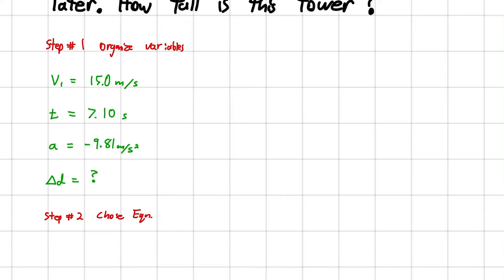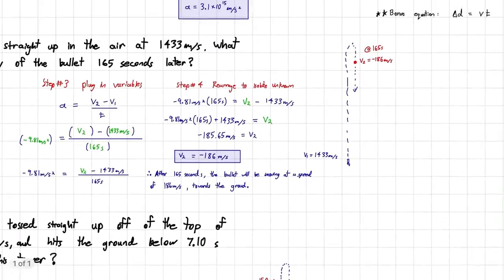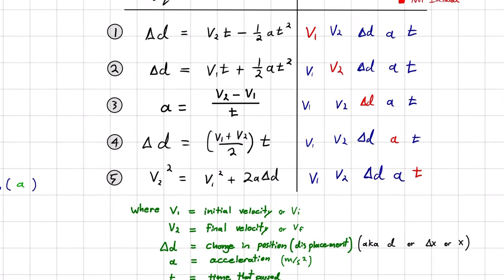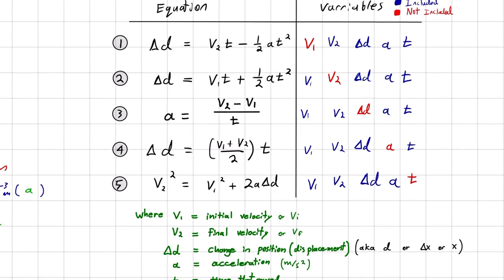Well, first we have to see the variables that we're given: v1, time, acceleration, and change in displacement. So let's run over to our chart here and see which equation uses all 4 of those variables that we're looking for: v1, delta d, acceleration, and time.